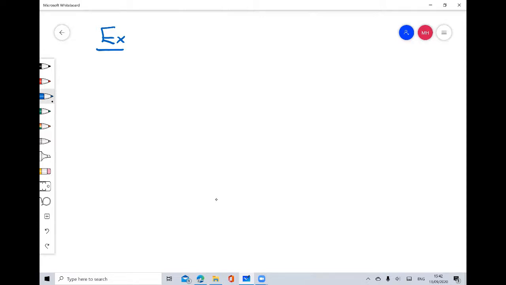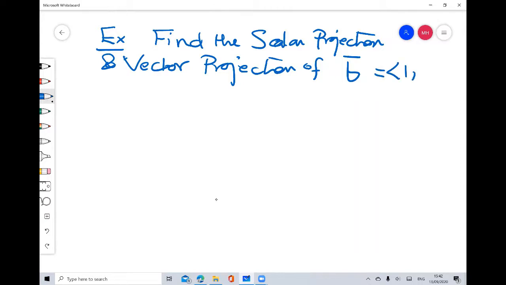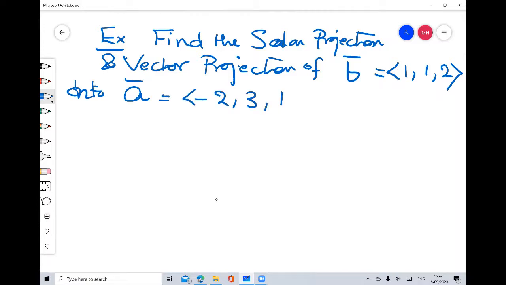Okay, let's say I want to find the scalar projection, and the vector projection also, let's find both of them, of the vector B, given by 1, 1, 2, these are the components of the vector, onto A, where A is the vector negative 2, 3, and 1, okay.